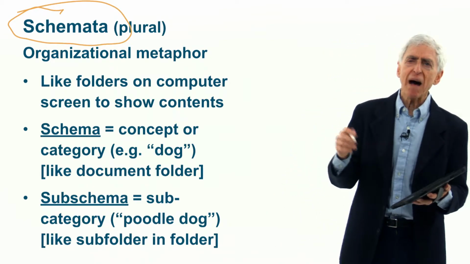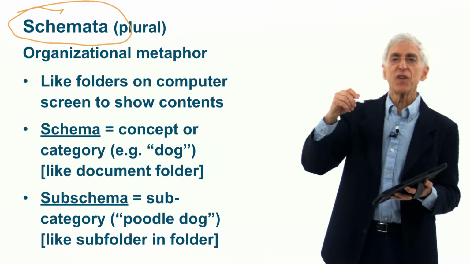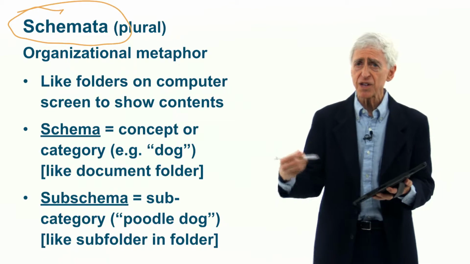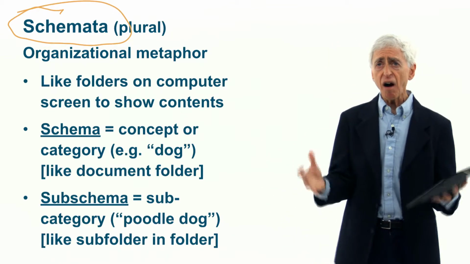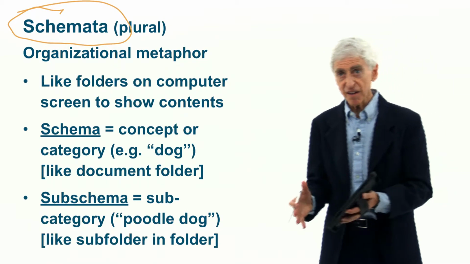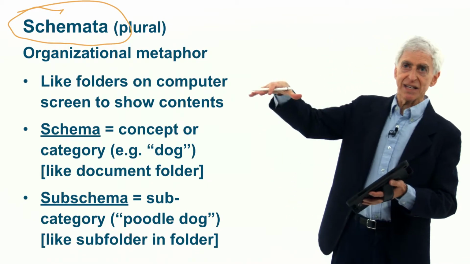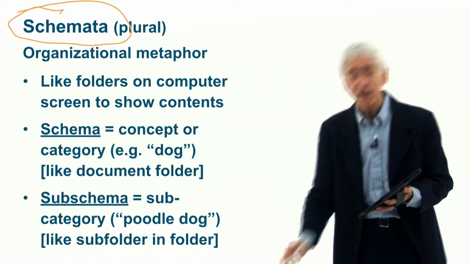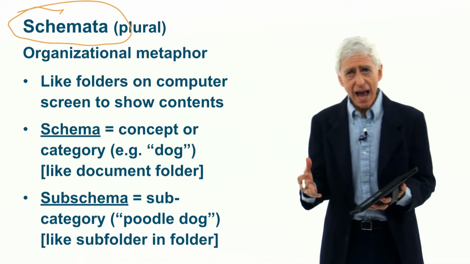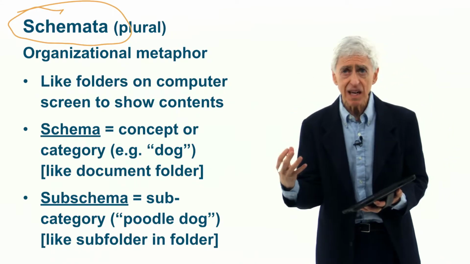Well, later on I found out that dogs could come in other colors and other shapes and sizes. And so my folder had to be updated with subfolders. A subschema is like a subcategory or a subfolder. Okay, there's dog, but within dog there's poodle dogs, and there's terrier dogs, and there's Great Danes, and there are Chihuahuas, and all these subfolders that I have in my dog folder, my dog schema.